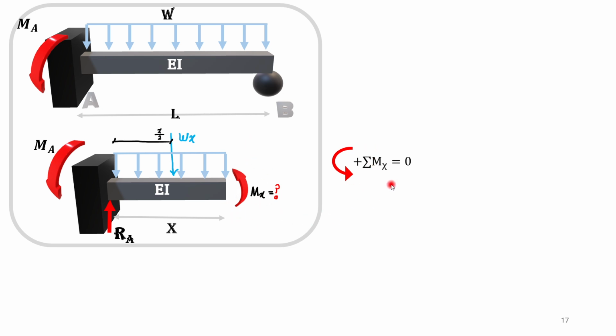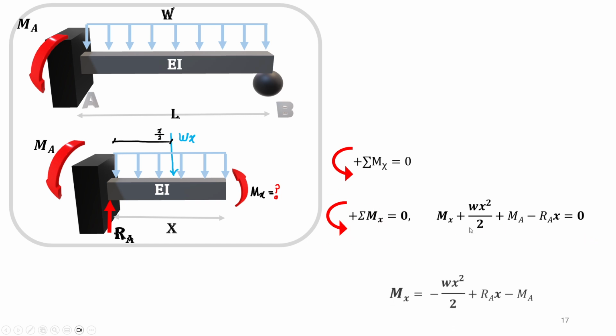Summation of moment about the cut equals 0, including Mx: Mx plus wx squared over 2 plus MA minus RA times x equals 0, with counterclockwise as our arbitrary positive direction, and that gives us the Mx equation.